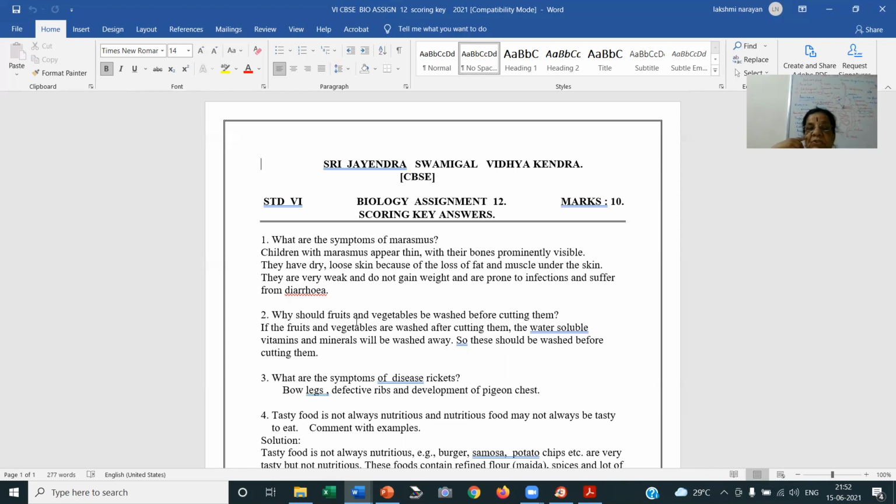Then, why should fruits and vegetables be washed before cutting them? This is a general creative question, because we have studied vitamins and minerals. If the fruits and vegetables are washed after cutting, the water soluble vitamins and minerals will be washed away.